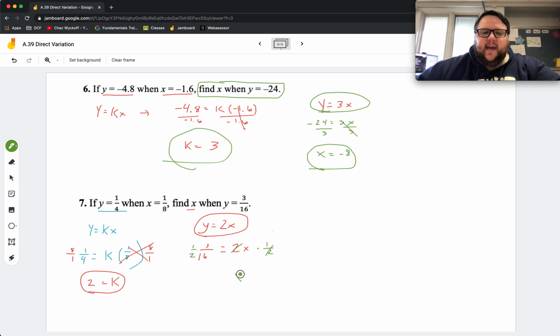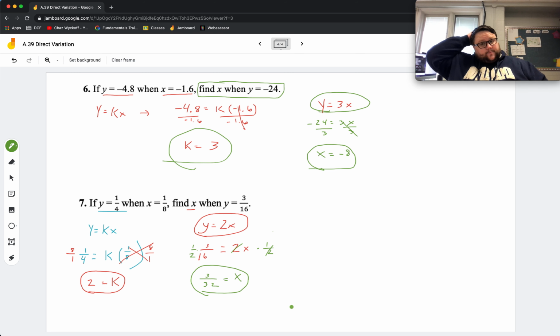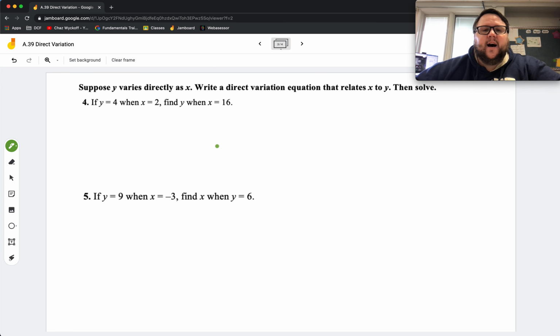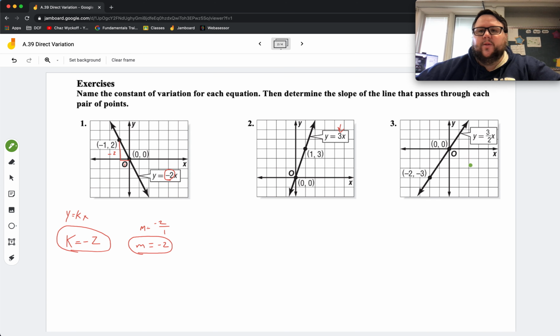So I get x equals 1 times 3 is 3, 2 times 16 is 32. And that's my answer. X equals 3 over 32. And that's what you guys are doing. You're going to do number 4 and 5 and 2 and 3 on your own.